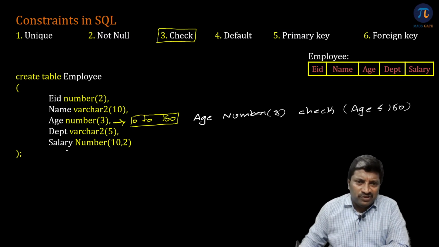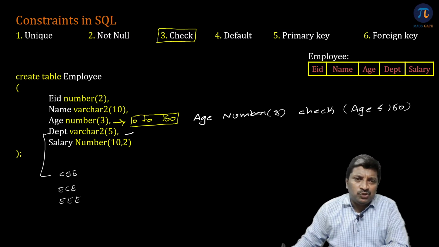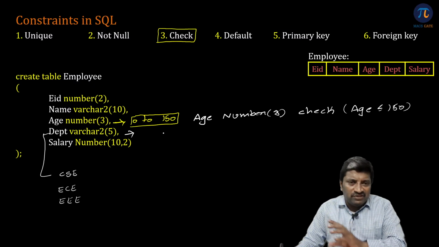Suppose in our college we are having only the departments CSE, ECE, triple E. We are having only 3 departments. Then surely every employee of our institute should enter only any one of these 3 values.